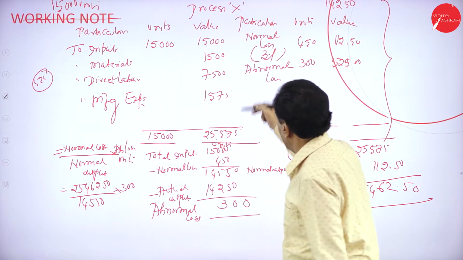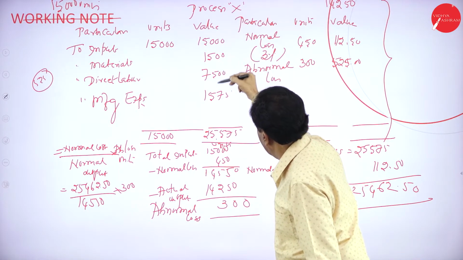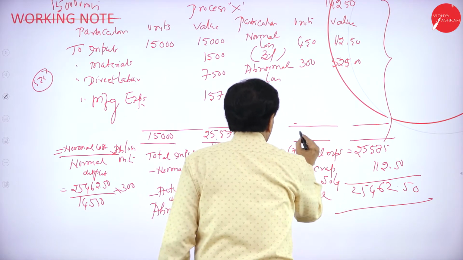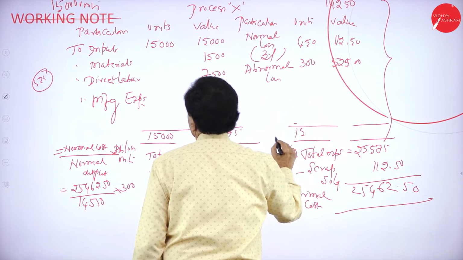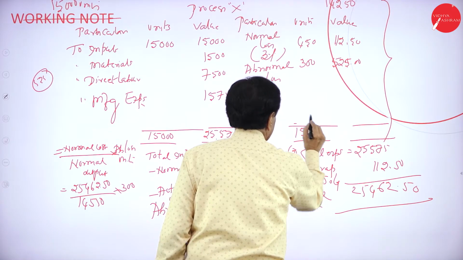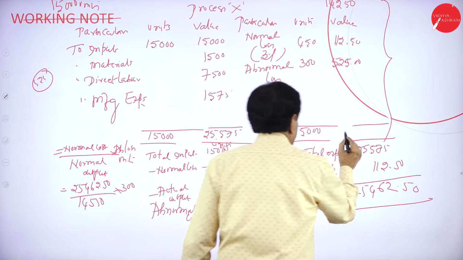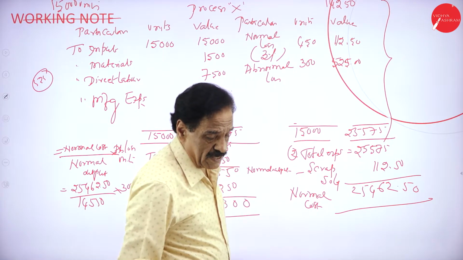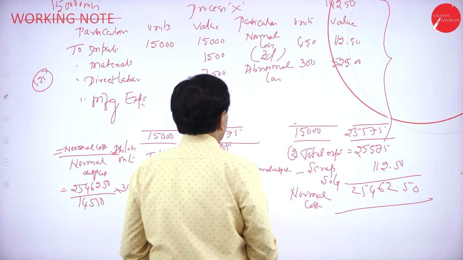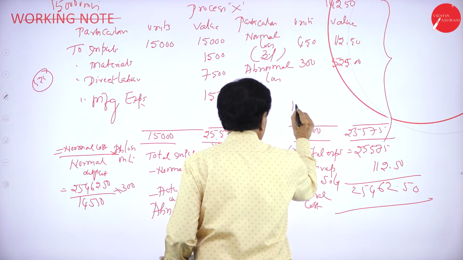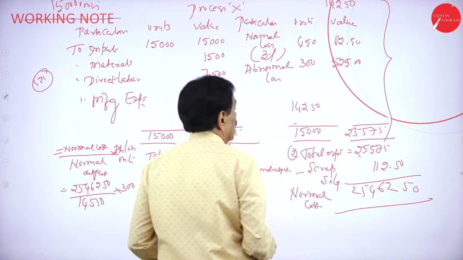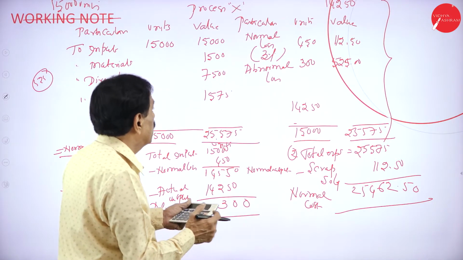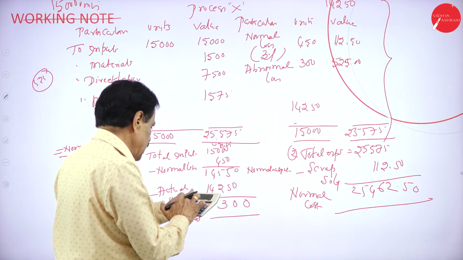Check this. 5 plus 5, 10, 15, 1 plus 5, 6, 7, 14, 15, 2. Here, 15,000 units. Here, 25,575. Bring out the difference. Here, 750 gone now, 14,250 remain.